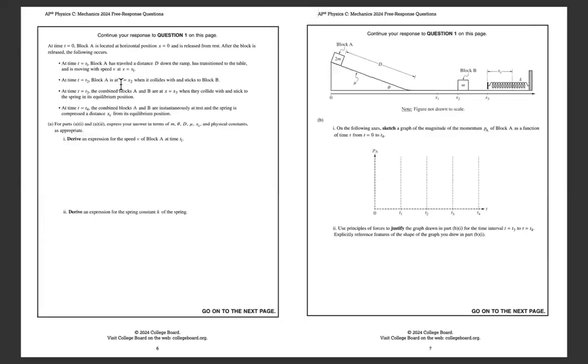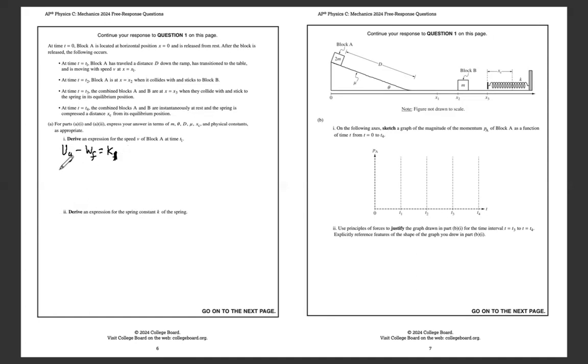So we can actually use conservation of energy to help us find that speed of the block at the very bottom of the ramp then. Note that the mass of the block is actually 2m. So I can say that the gravitational potential energy minus the work done by friction has to equal the final kinetic energy at time t1. Let's write K1 for that.